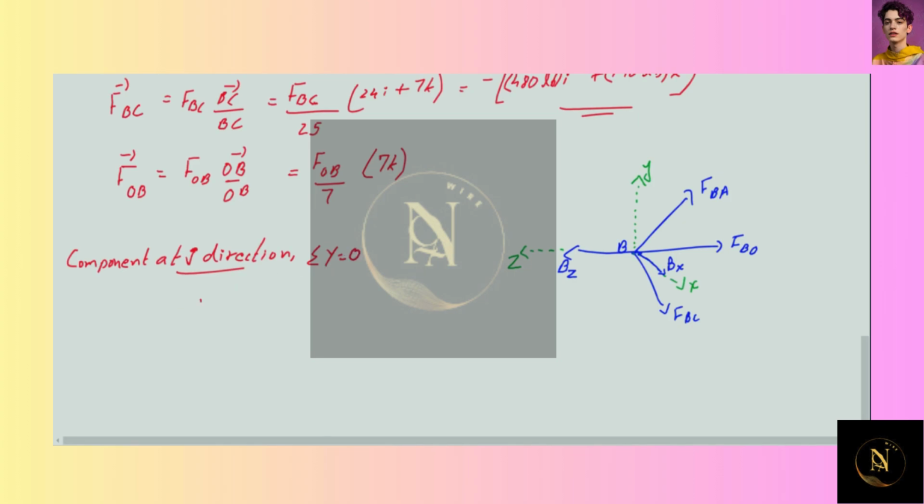That gives us 10 by 12.21, the hypotenuse, times FAB, plus the 200 lb.